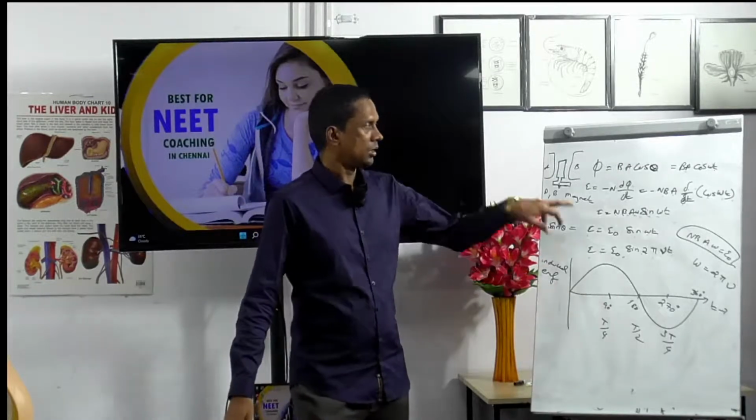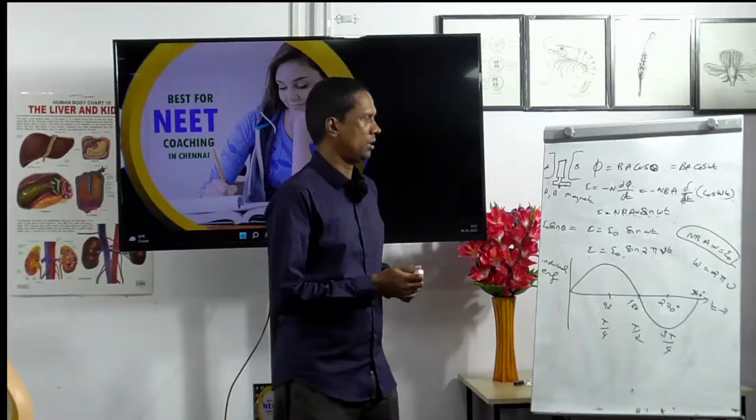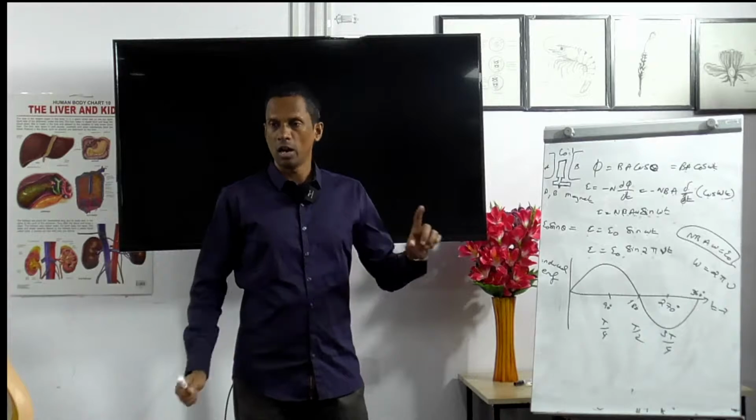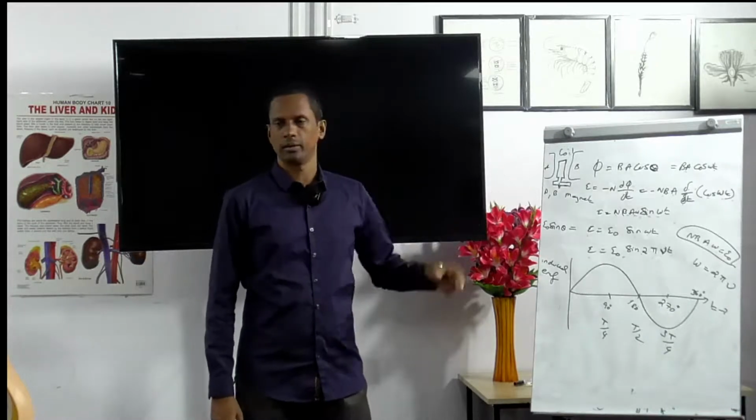90 degrees means the coil is now perpendicular to the magnet.